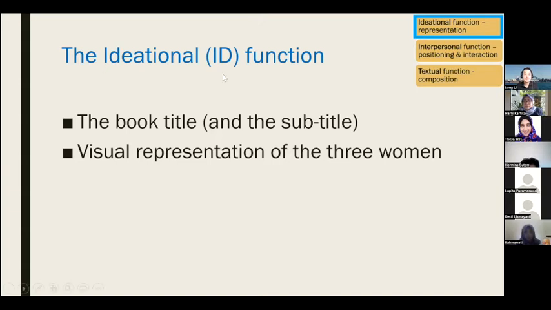So in the ideational function, I will talk about the title and the subtitle, because these are the most important linguistic elements in informing readers what the cover and what the book is about, what is represented on the cover. I will also talk about the images of the women and how the images represent them to readers.